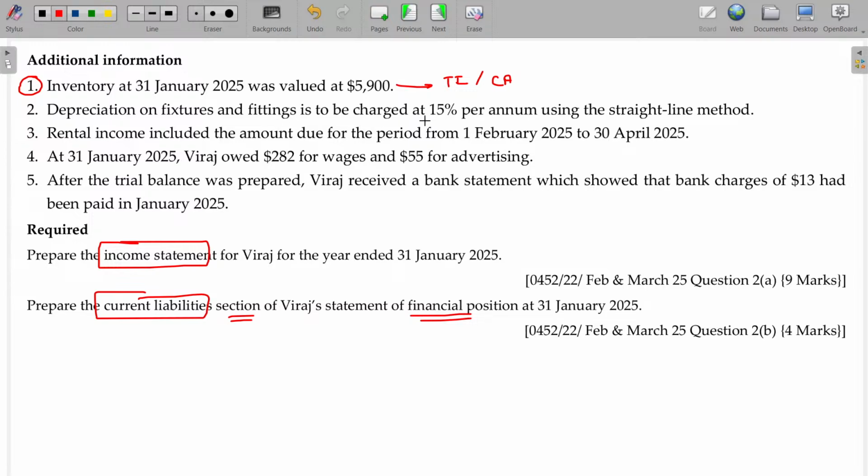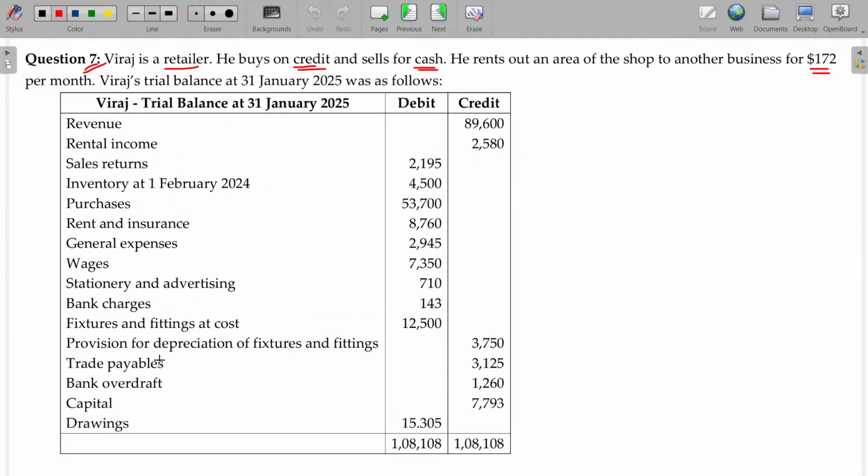Depreciation on fixtures and fittings is to be charged at 15% per annum using the straight line method. So I will now finish up this one, depreciation. Under the straight line method, you can directly calculate 15% on this: 12,500 into 15%, which is 1875. 1875 is the depreciation.